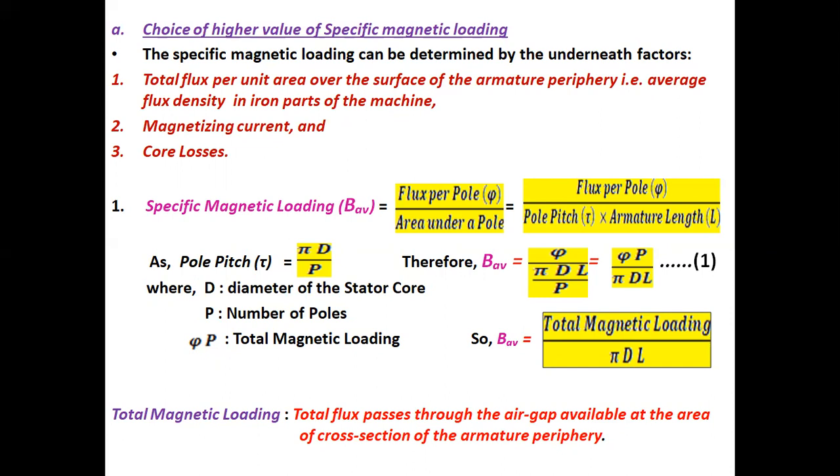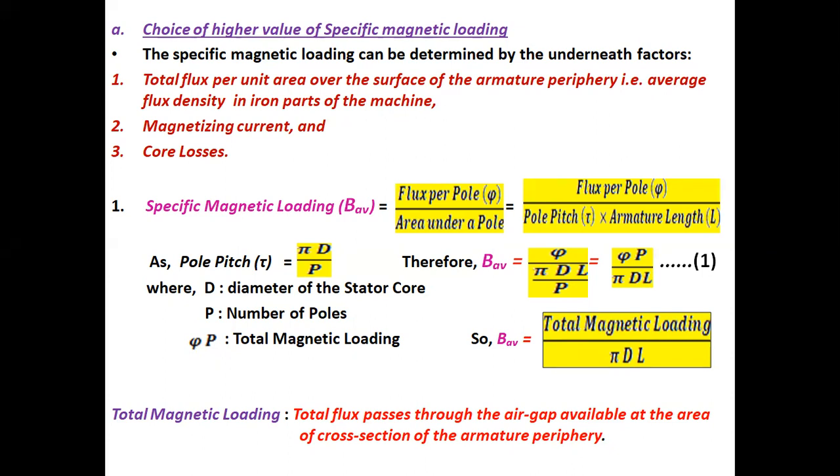As the pole pitch is equal to pi d by P, therefore B average is equal to phi by pi d L by P, that is phi P divided by pi d L, where d is the diameter of the stator core, capital P is the number of poles, and phi P is the total magnetic loading.